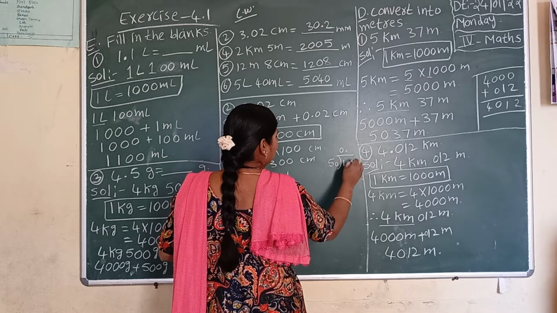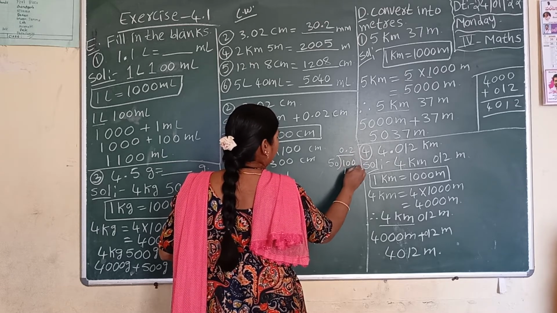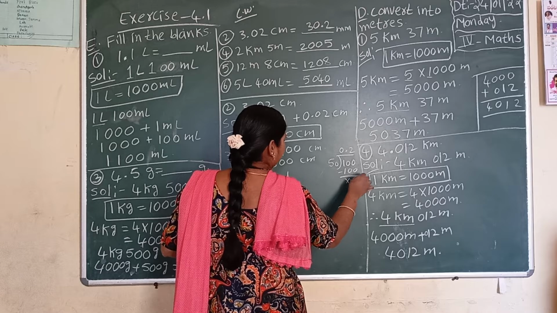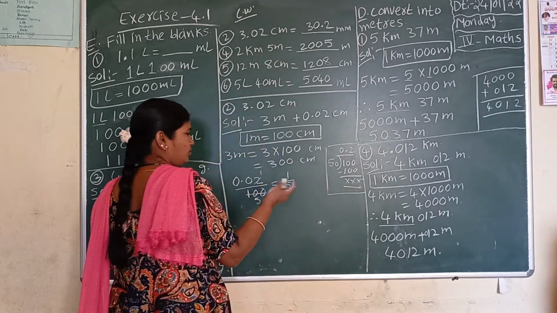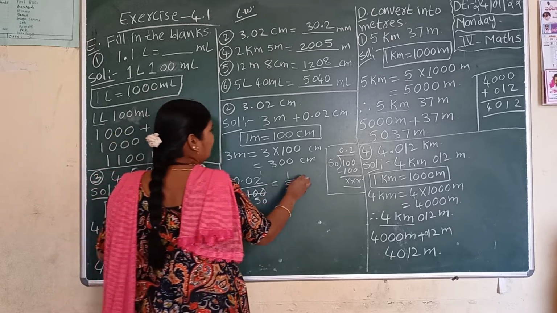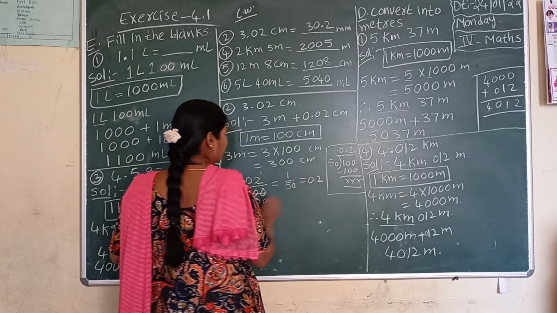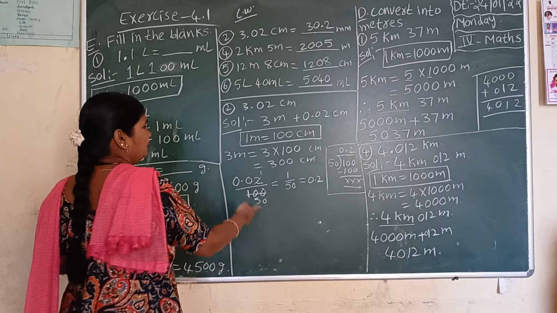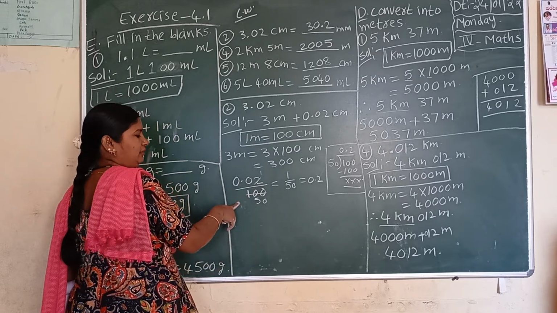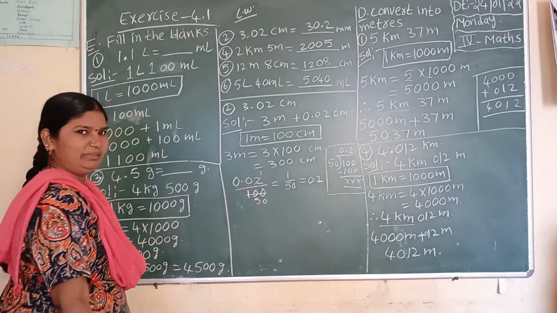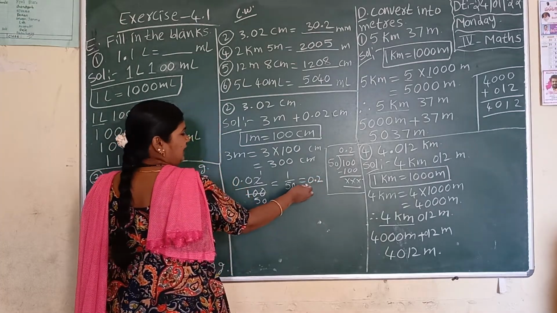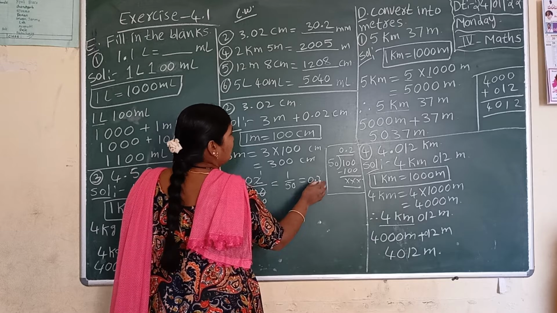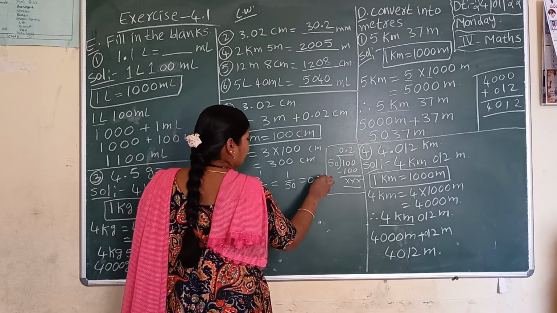Point again 0, 2 fives are 10. Why I am dividing by 100 means it is equal to 100 centimeters. So you are getting 0.02.